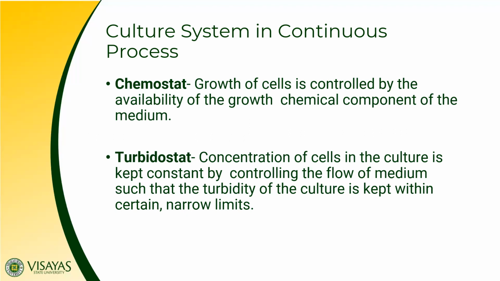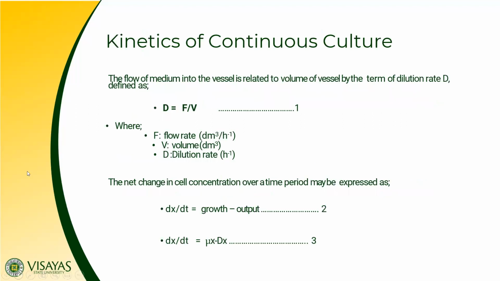It could be carbon, nitrogen, or the micronutrients or macronutrients of the microorganisms that are really significant for the growing of the microorganisms. So that's how the chemostat and turbidostat are classified in the continuous process.